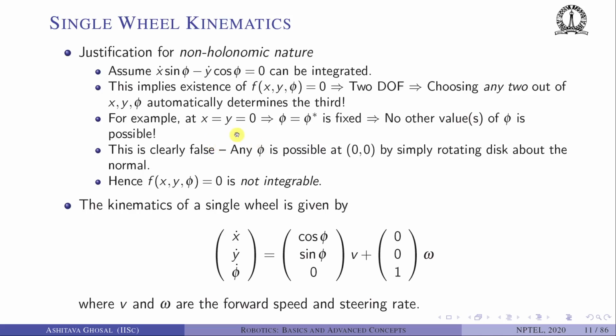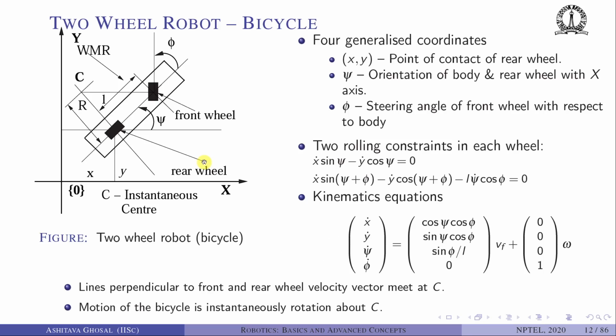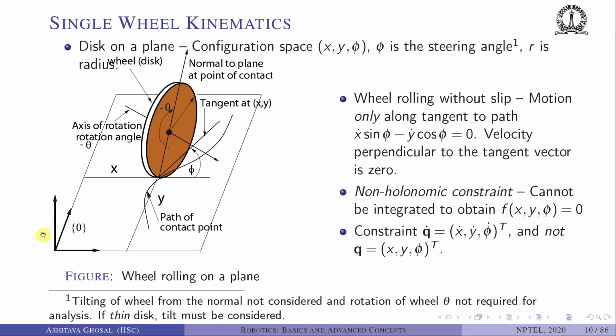As an example, if x equals 0 and y equals 0, then at that point, if there were a function like this, phi will be phi star and fixed. No other value of phi is possible. So this is clearly not true. It is false. Why? Because think of the disk at the point 0, 0. I can easily rotate this disk about the direction which is normal to the plane at the point of contact.